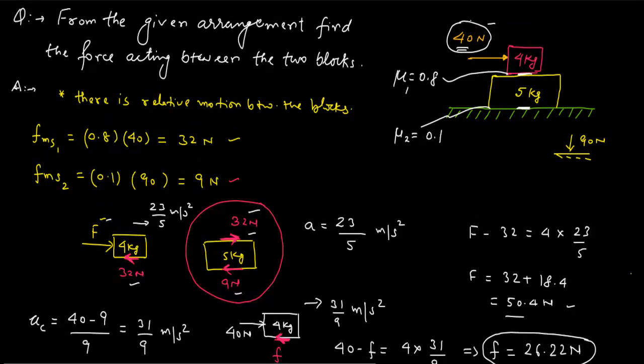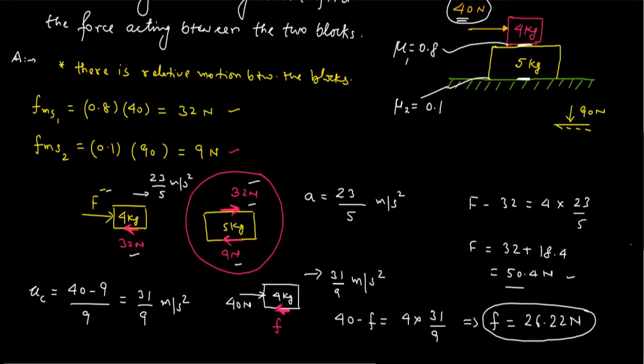See how interesting the problem is, because the initial situation gives us an illusion that this is 40 Newton and the force of maximum static friction is 32 Newton. So most of the time everyone looks for relative motion of this 4 kilogram block with respect to this 5 kilogram block, but this will be a mistake. In order to solve such problems, you have to be very careful.